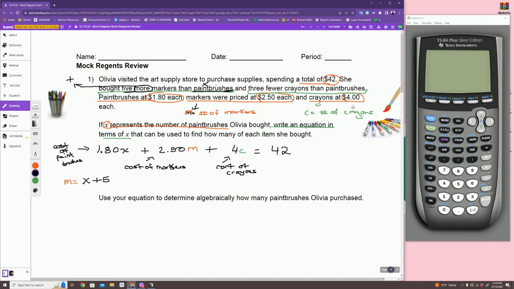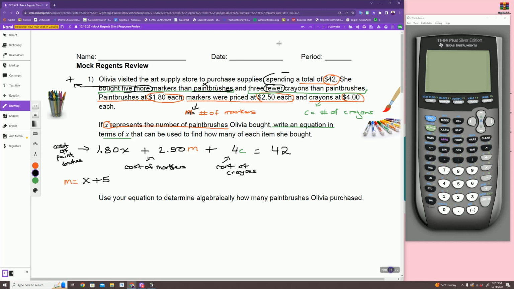Now let's see on the right side, they said she also bought 3 fewer crayons than paintbrushes. Now we have another word here, fewer. What operation do you think of when you hear the word fewer? That is subtraction. So if she bought 5 paintbrushes, then 3 fewer would be 2 crayons.